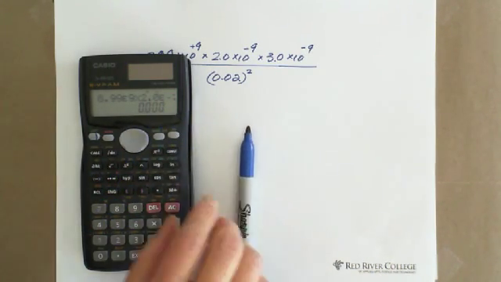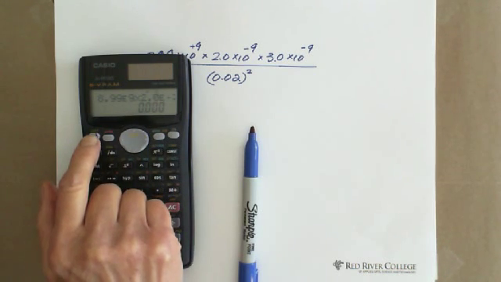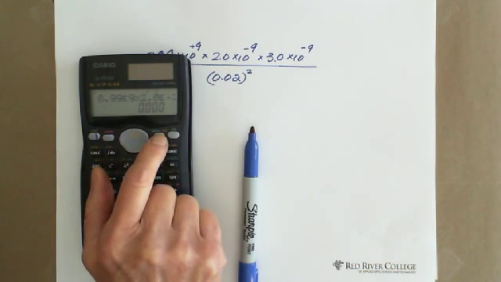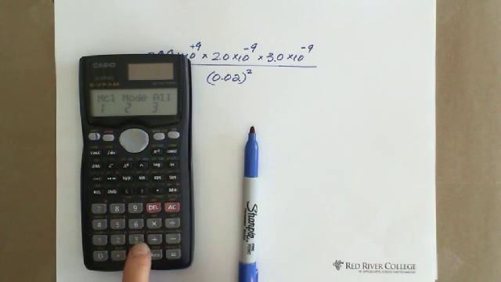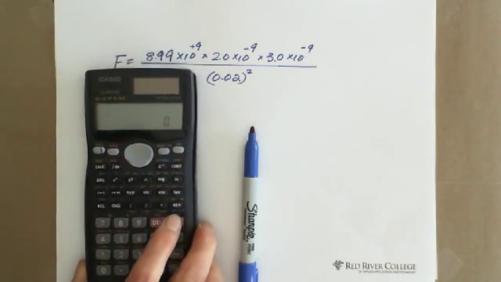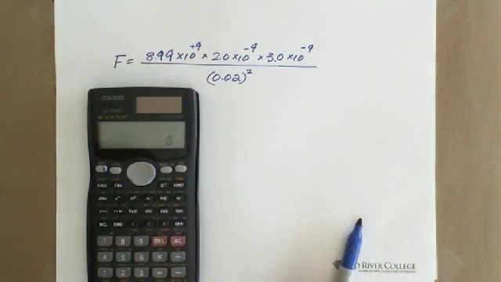So what you need to do is reset. You do shift, CLR, 3, reset all, equal, okay? Then you re-enter this number.